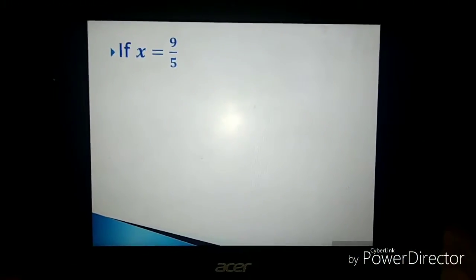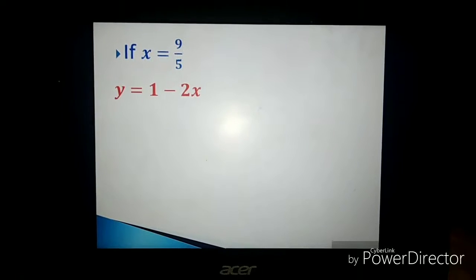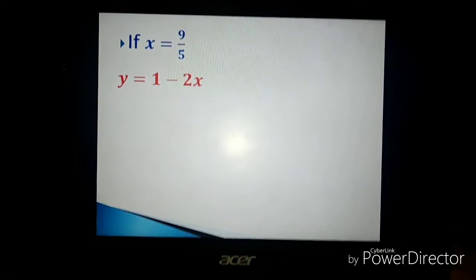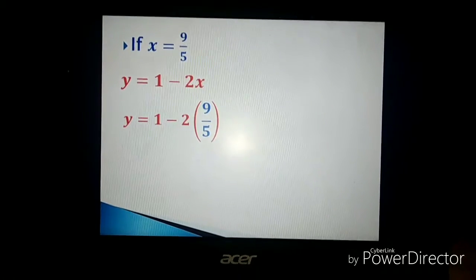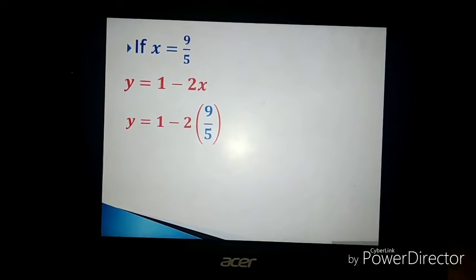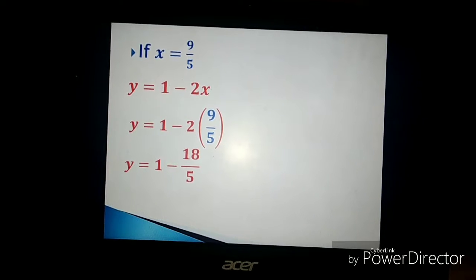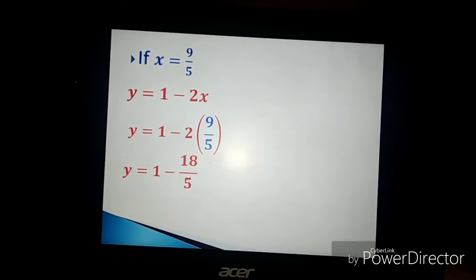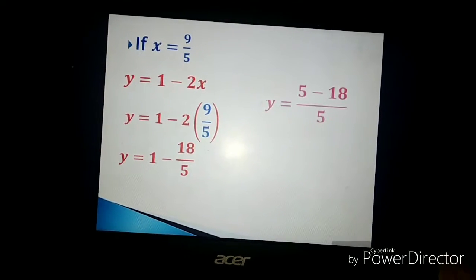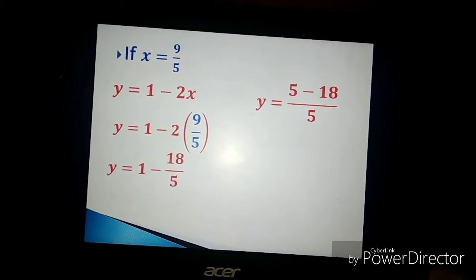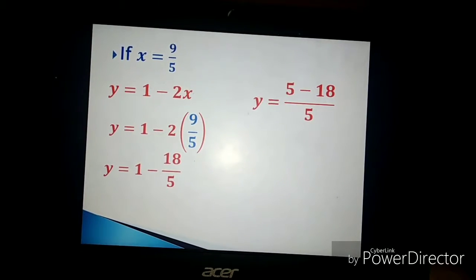If x is equal to 9/5, y is equal to 1 minus 2x. y is equal to 1 minus 2 times the quantity 9/5. y is equal to 1 minus 18 over 5. So y is equal to 5 over 5 minus 18 over 5.